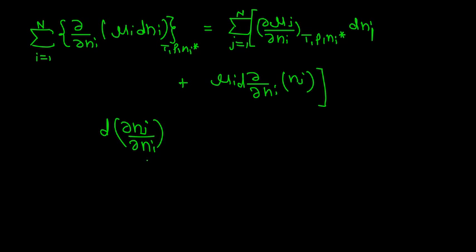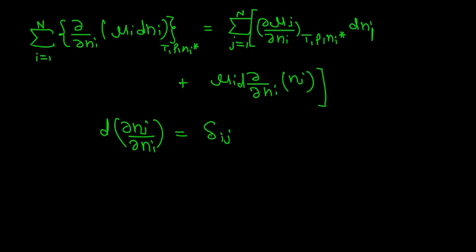And what is this quantity equal to? This quantity says that the variation of the jth component is traced with the variation of the ith component, and this happens to be equal to what we call the Kronecker delta.